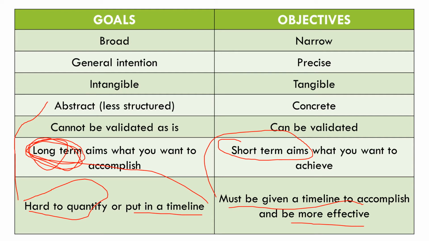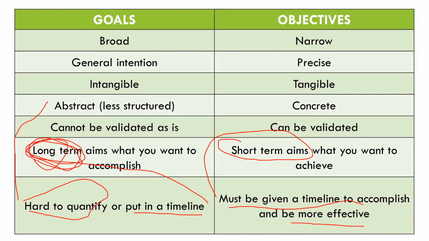As you can see here, without the other, you cannot do that particular thing. Your goals will not be there without your objectives, and your objectives cannot be realized without the goal. Now again, look at the statements and compare them.